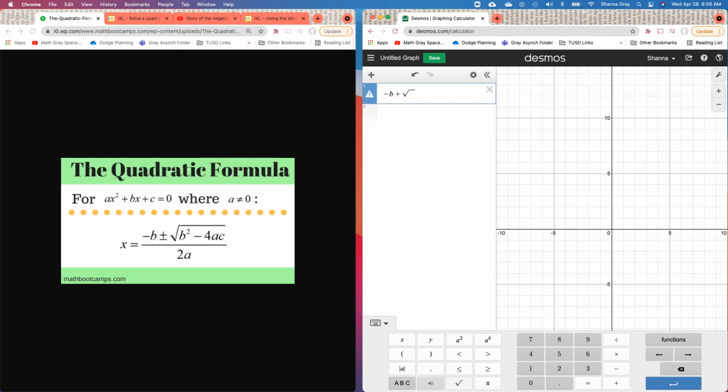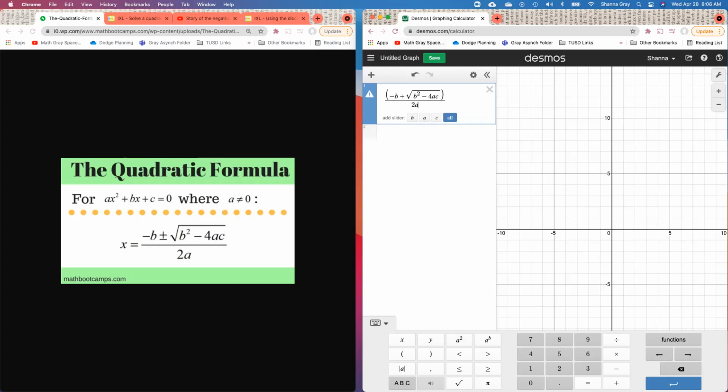Plus the square root of b squared minus 4ac. Notice I'm just typing this stuff in. And then I'm going to put parentheses around this to make it my numerator so that I can tell the computer that I want this to be the top. And then I'm going to push divide. And then I'm going to put 2a on the bottom.